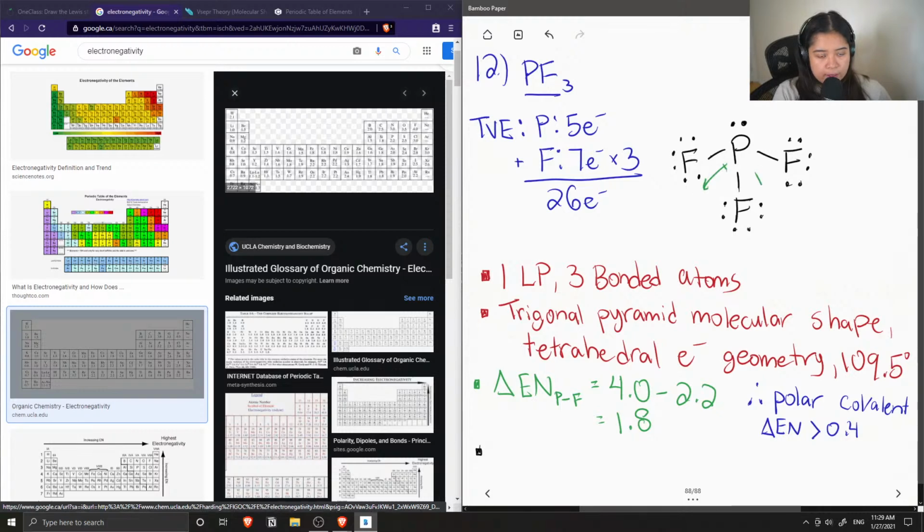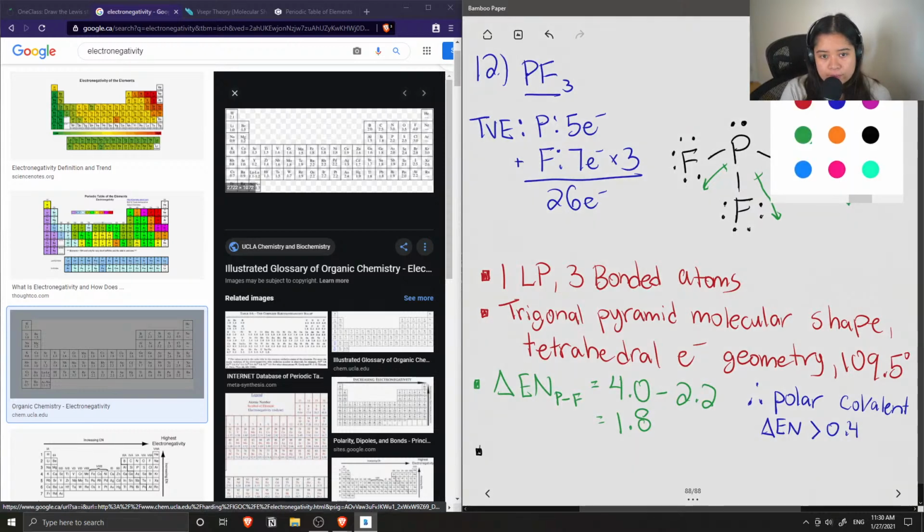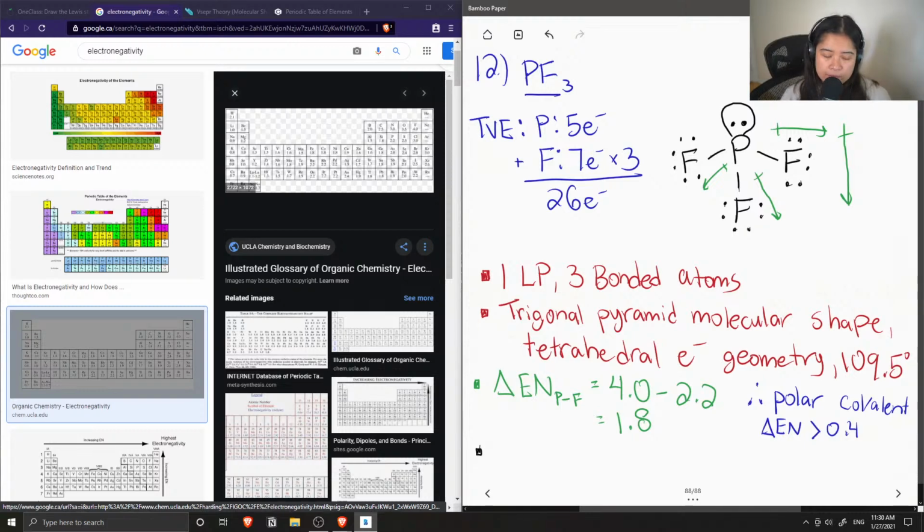And you'll see that all of the fluorine atoms, since they're much more electronegative than our phosphorus, cause a net dipole moment going in the direction of the fluorines, and because of its trigonal pyramid molecular shape, this lone pair isn't able to balance out the electronegativity of the fluorines. So it's not a symmetrical molecule as well. So therefore we can say that PF3 is a polar molecule.